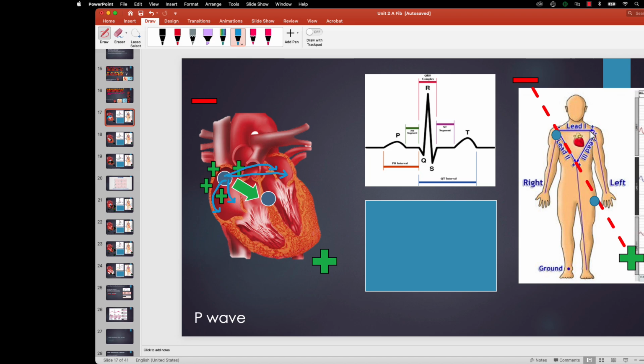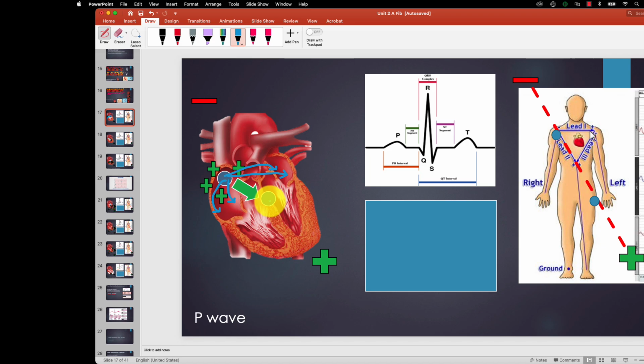They're going to be flooded with those positive ions, which is going to make all of this internal environment positive. So if we think about the direction that it's going, it's kind of going out and down, out and down, out and down. And of course, the biggest signal, the biggest current, is going to be this vector here, which is going from SA to AV. All right, does that make sense?